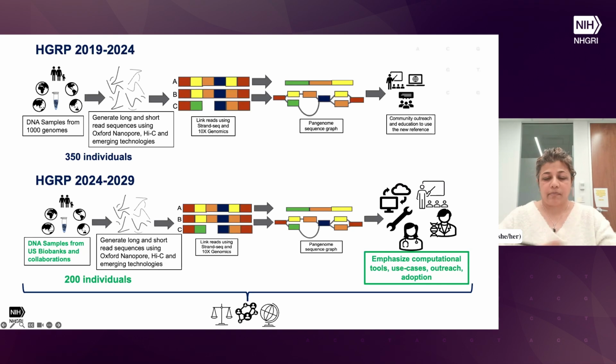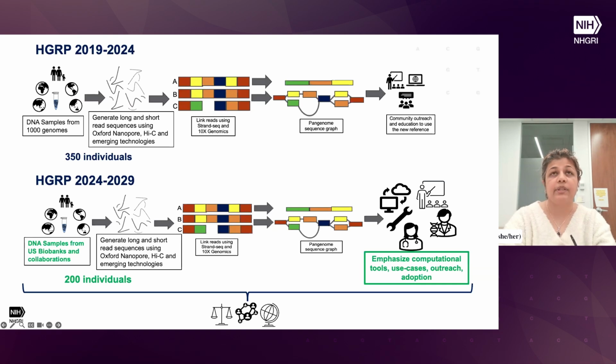So now moving on from phase 1 to phase 2, this cartoon is a visual abstract of what was proposed in phase 1. The top line shows the flow from sampling through sequencing, assembly, through pangenome development to community engagement and outreach. The second line is phase 2, which is similar, but with some noted changes in green. 200 new samples will be collected from the BioMe Biobank and Atlas Biobank.